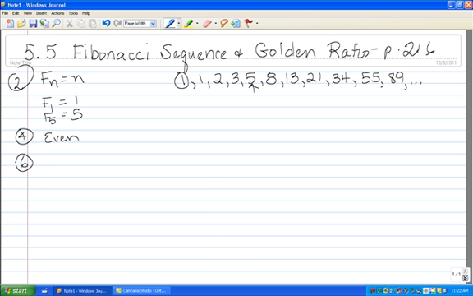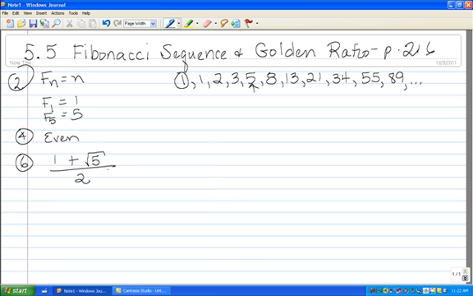Okay, number 6. What is the approximate value of the golden ratio to the nearest thousandth? They talk about the golden ratio on page 214, and you'll notice that the exact value is 1 plus the square root of 5, that whole sum divided by 2.